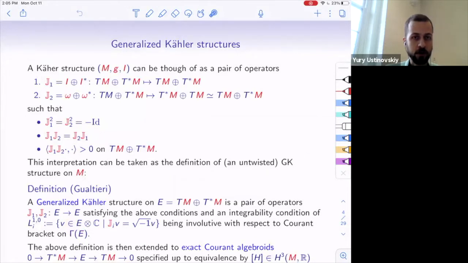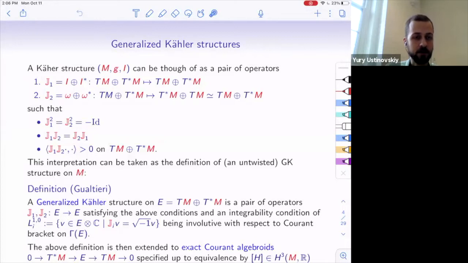So you can think of a Kähler structure on a manifold as a pair of operators. These operators will be defined on the sum of the tangent and cotangent bundles. You can use your complex structure I and its dual to define a map from tangent plus cotangent to itself. And you likewise can use the symplectic form to define an endomorphism of the same space.